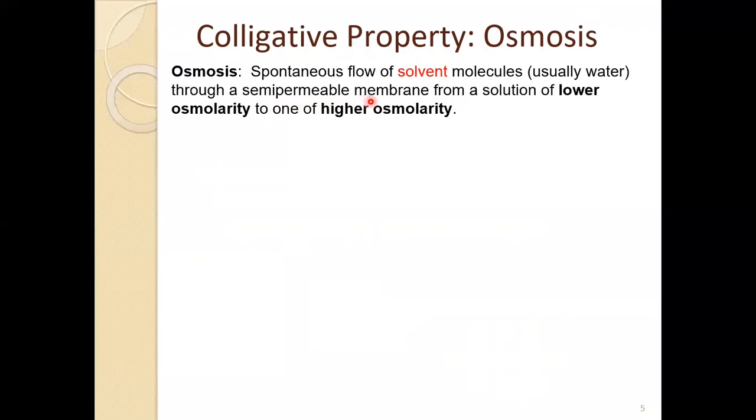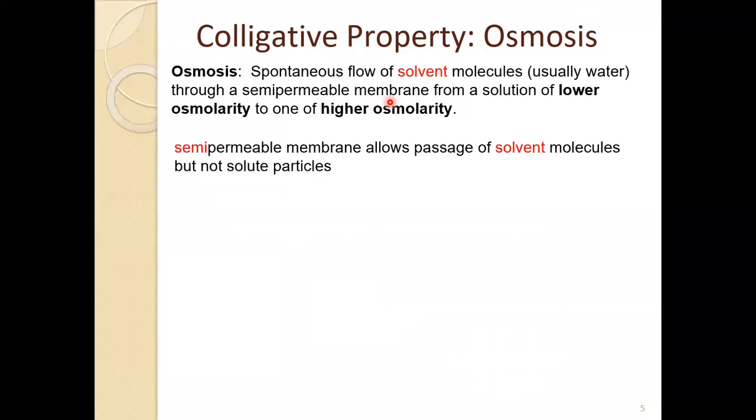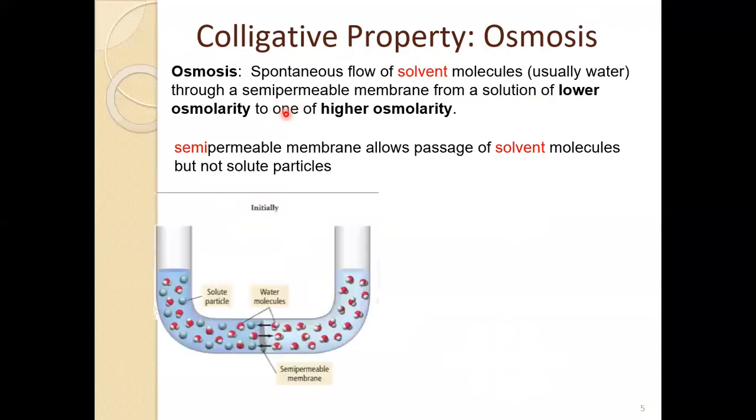The semi-permeable membrane only allows water molecules to pass, not the solute particles. And the direction of this flow of solvent molecules always goes from a solution of lower osmolarity to one of higher osmolarity.